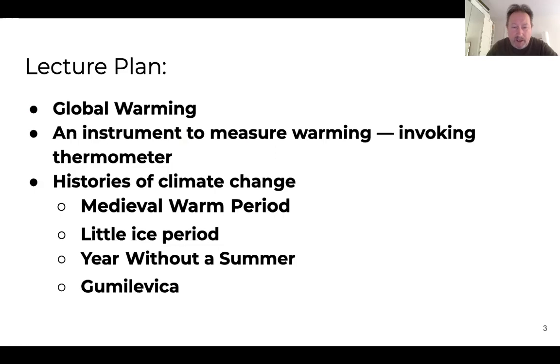Then I will try to explain some histories of climate change. That means the medieval warm period, the little ice age, the year without a summer, and some Gumilovica. Gumilov is a Russian author who wrote about ecology, let's say.